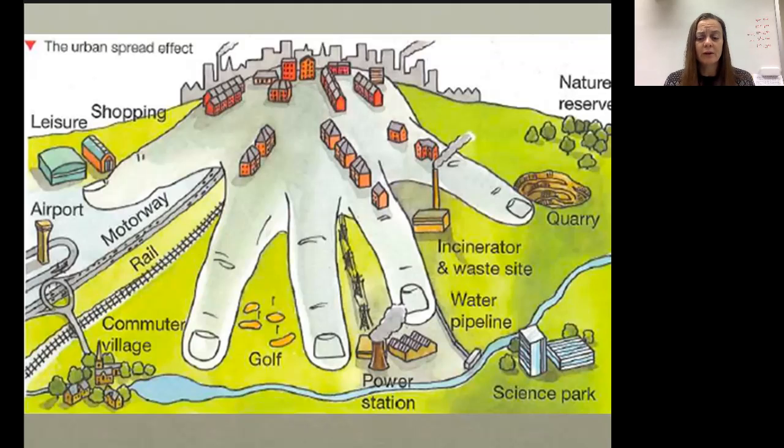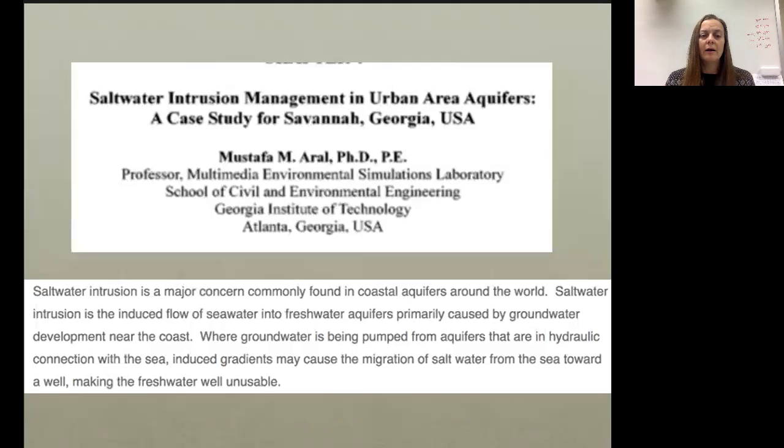The first impact we're going to talk about is water. We've talked about this a little bit as we talked about agriculture and aquifers. In urban areas, because there are a lot of people packed into a small space, we tend to draw a lot of water out of aquifers in order to serve the needs of the population.